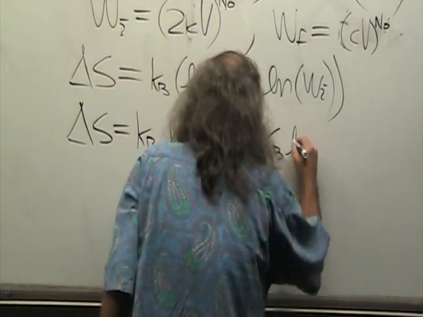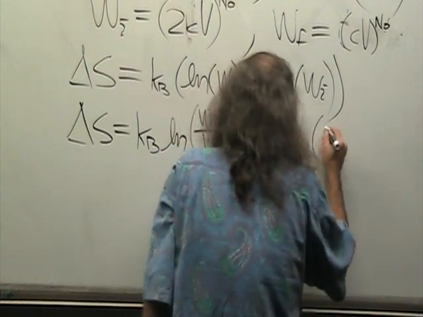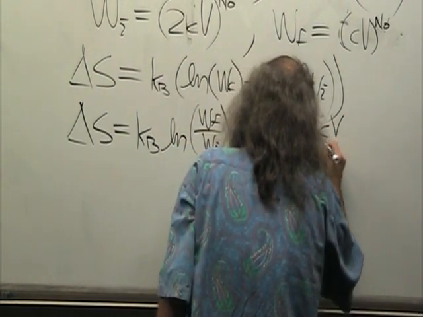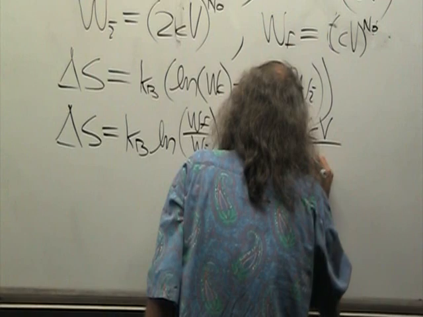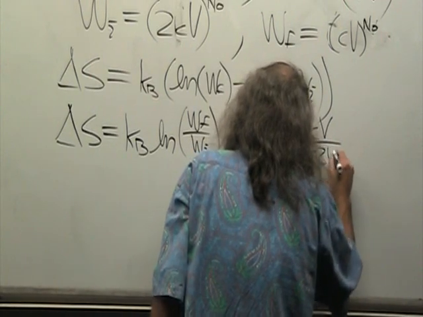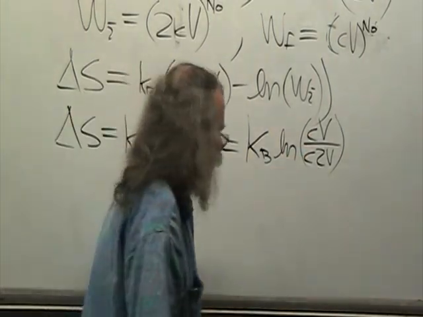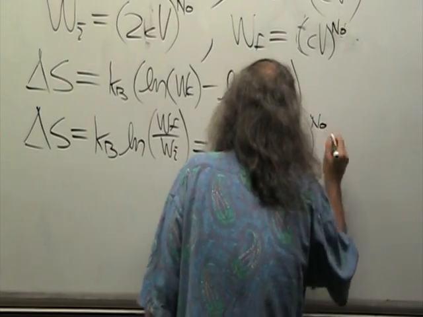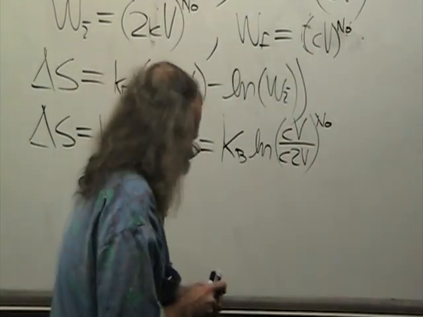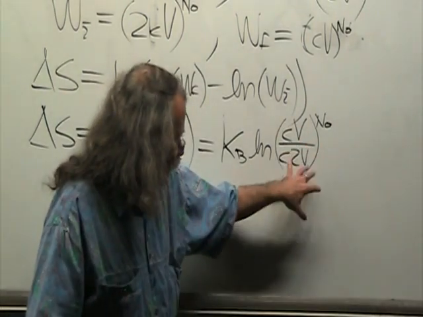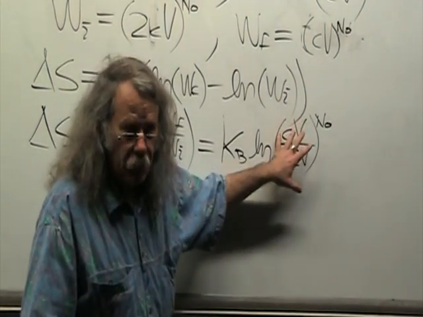KB times natural log of C V over C 2V, because we have twice as much volume compressing into 1/2 its initial volume, all taken to the N naught. So now the arbitrary constant and the volume itself drop out.